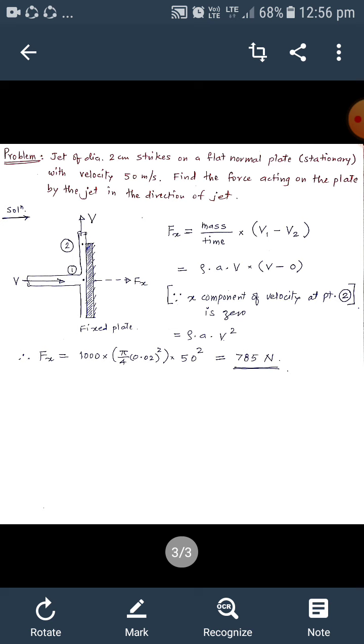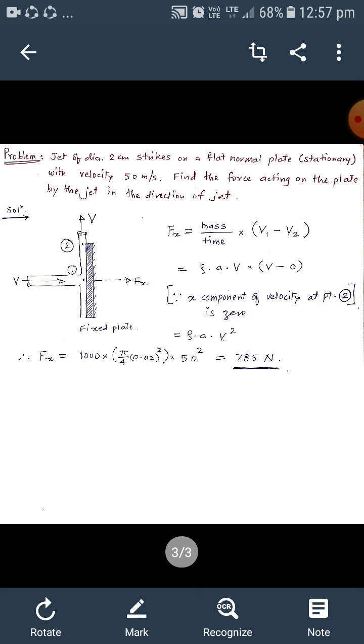I have shown a hatched fixed plate on which a jet strikes with velocity V. The striking point is initial point, point number 1, and the leaving point is point number 2. We can see clearly here the velocity at point number 1 in x direction is V, but velocity at point number 2 is all in y direction.